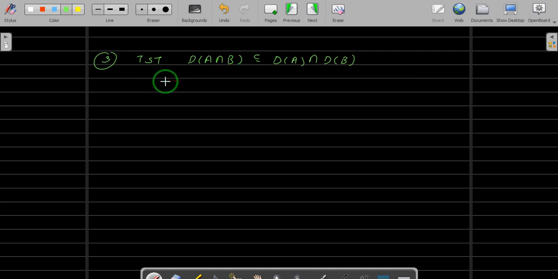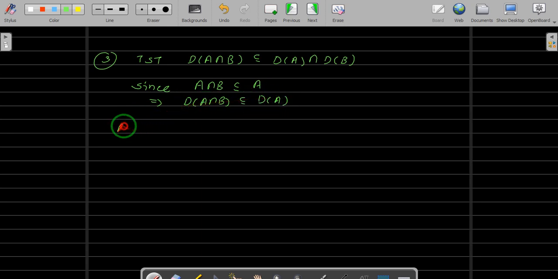We can use the first one. Since A intersection B is a subset of A, because it contains the points common to A as well as B, this implies the derived set of A intersection B is a subset of the derived set of A.